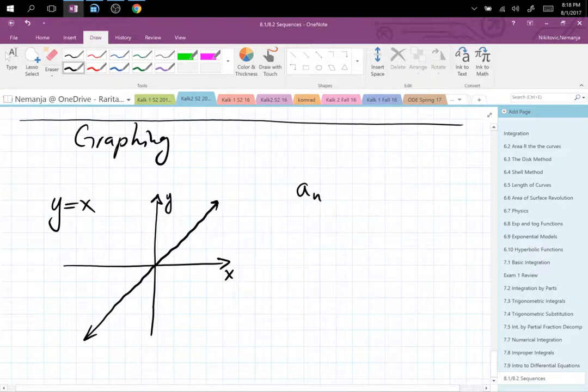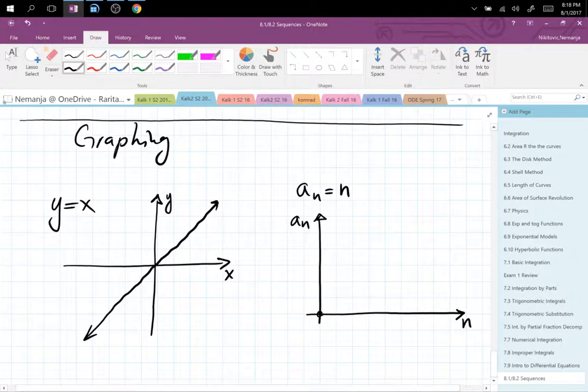In comparison, a_n equals n would be the same thing, except now we are only looking at the first quadrant. These are your input n, and this is your output a_n. You get a dot at the origin, a dot at (1, 1), a dot at (2, 2), (3, 3), (4, 4), (5, 5).